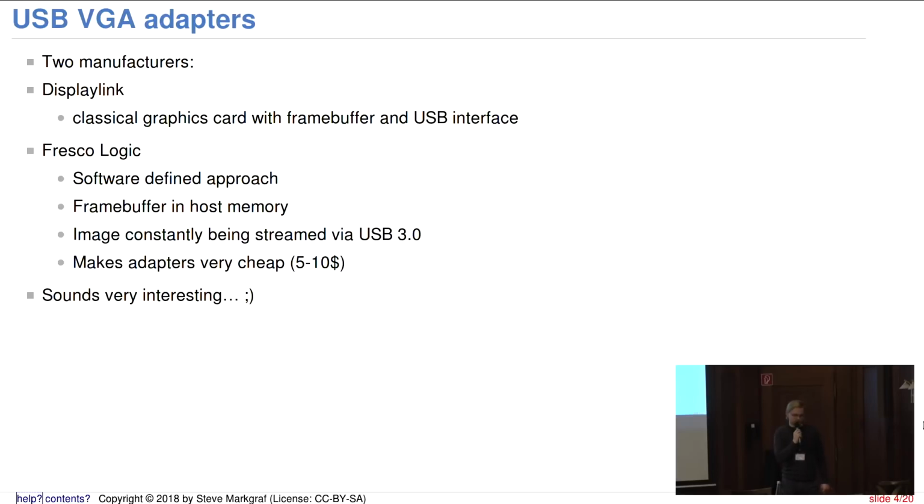But this company called fl2k did a completely software-defined approach. Of course, they save the external frame buffer memory, so they have a single chip solution, which is very cheap. And they just use USB 3 and constantly stream out the image, and the frame buffer is actually in host memory.